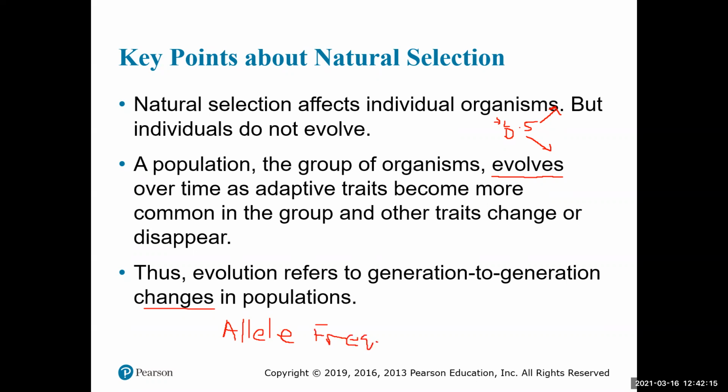So again, initially we had a frequency of 0.5 for light and dark, and by the end, let's say we were at 0.95 and 0.05. 0.95 was light, 0.05 was dark. So you had an evolution of that population in favor of the light coat color. Okay, and so that's important to understand why individuals don't evolve and populations do, and that's what we mean whenever we reference that.